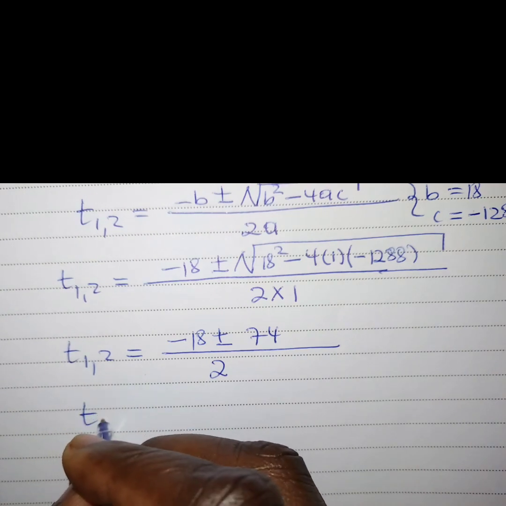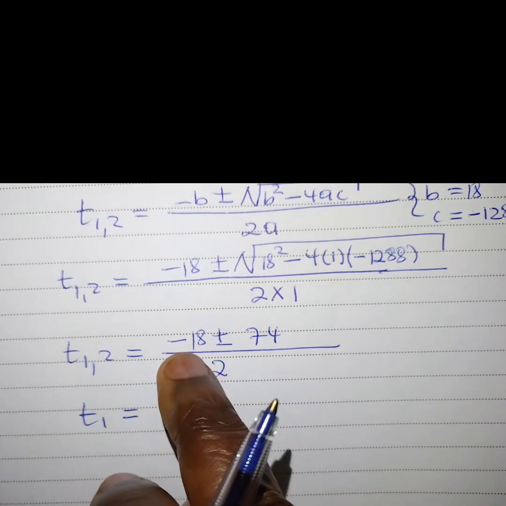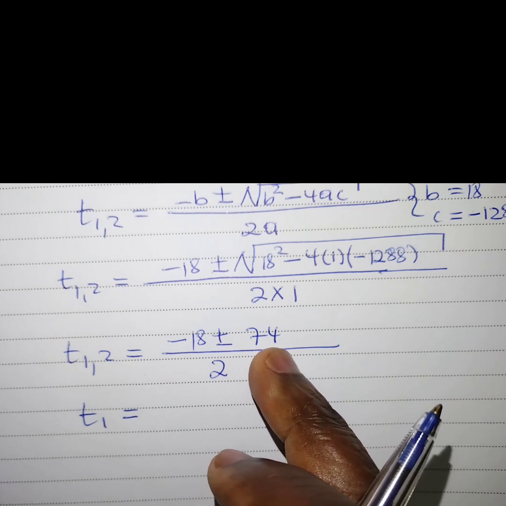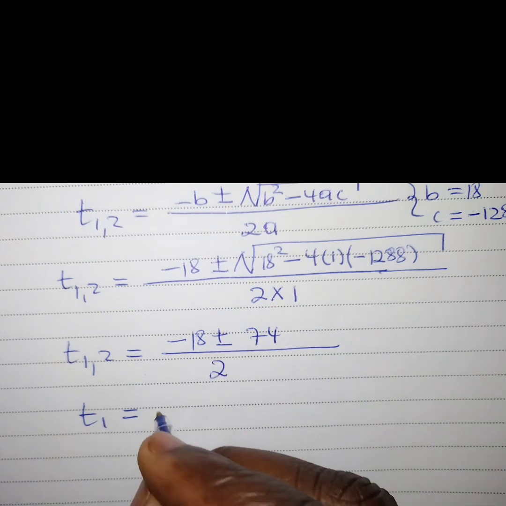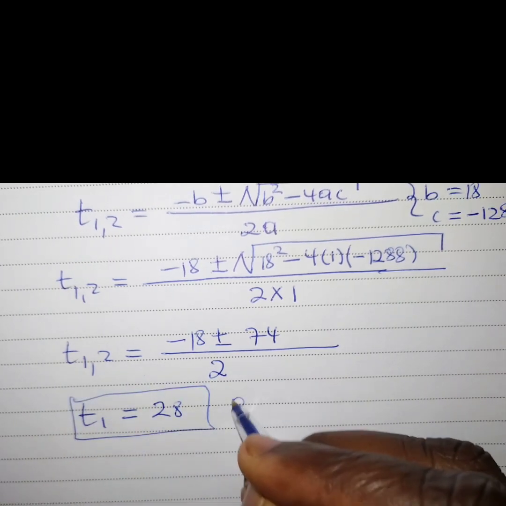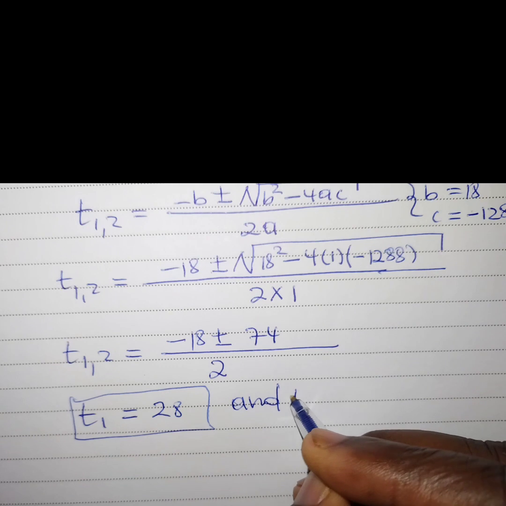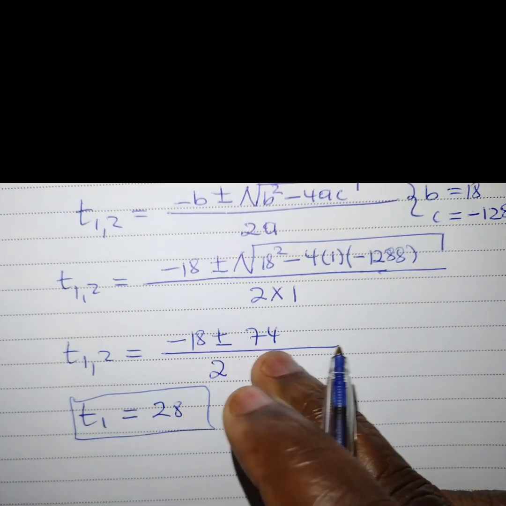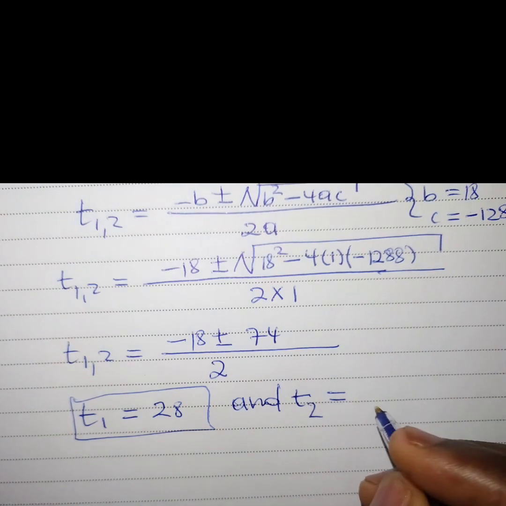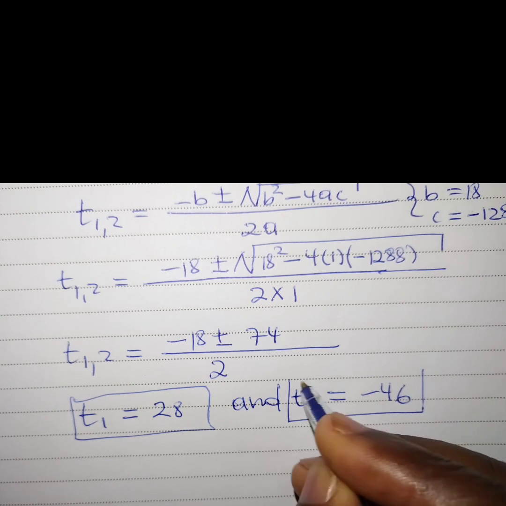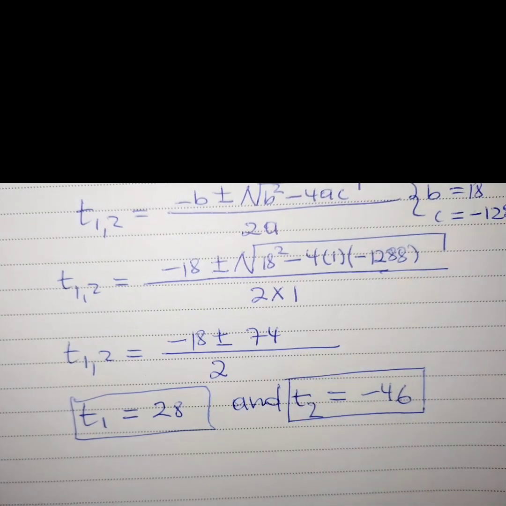So t1 will be equal to minus 18 plus 74 divided by 2, which gives us 28. And then t2 will be equal to minus 18 minus 74 all over 2, and this gives us minus 46. Ladies and gentlemen, here we have the values of t1 and t2.